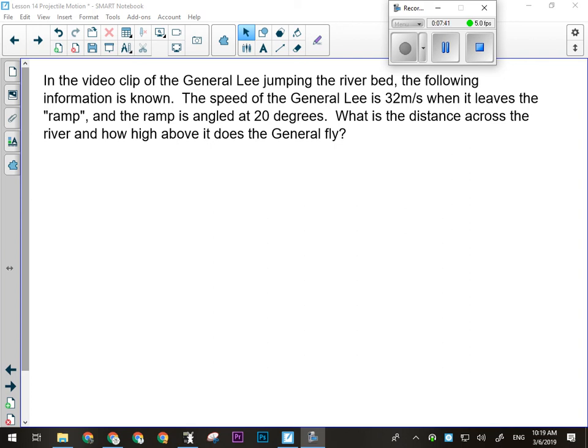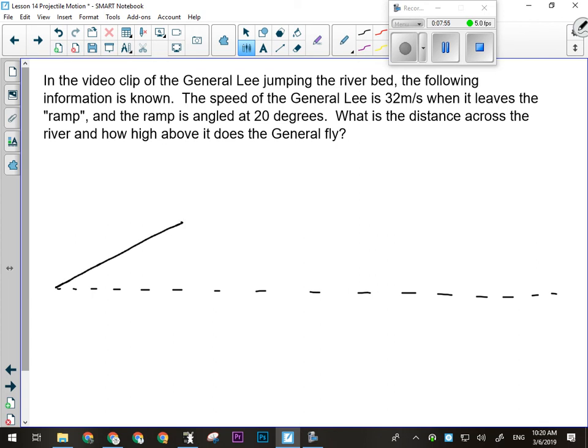All right, so this is what we're going to assume. We're going to assume that the launch point and the landing point are at the same altitude. There's no change in height from one side to the other. We're going to assume that the General Lee launches itself at a 20-degree angle at 32 meters per second, which is over 120 kilometers an hour.